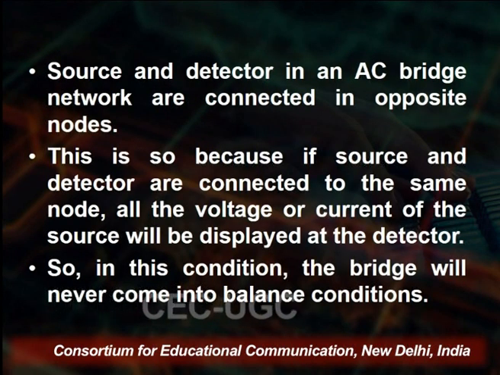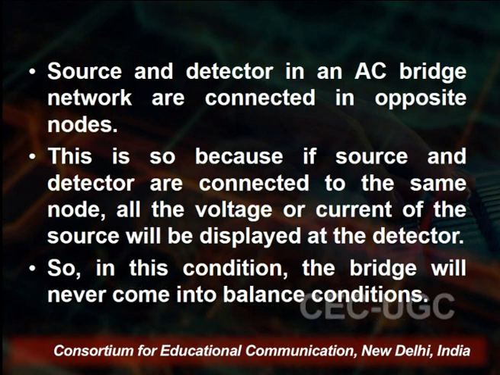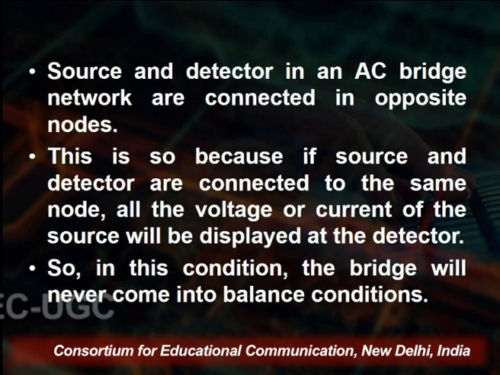Now the source and detector in the AC bridge network are connected at opposite nodes. You see here the source and the detector are connected at opposite nodes, and this is because if the source and the detector are connected to the same node, all the voltage and current of the source will be displayed at the detector. In that condition the bridge will never come into the balance condition.